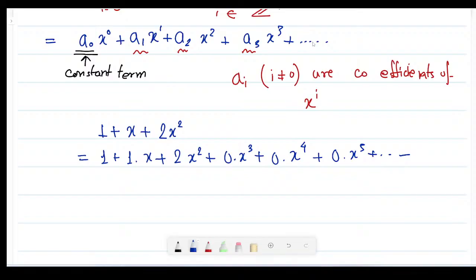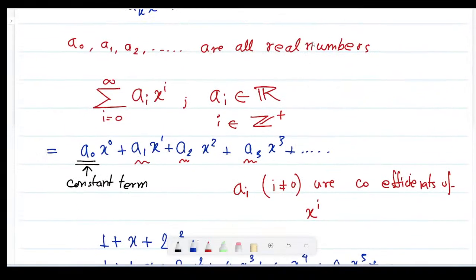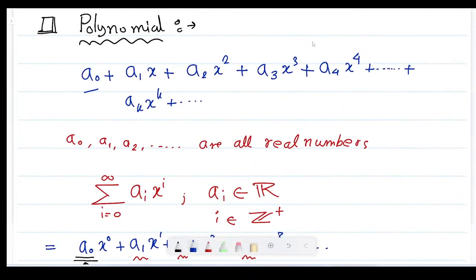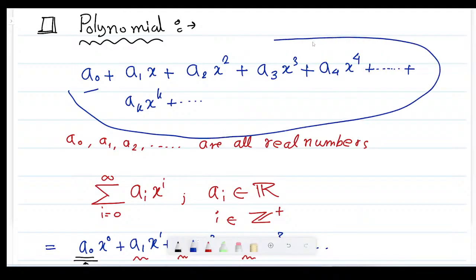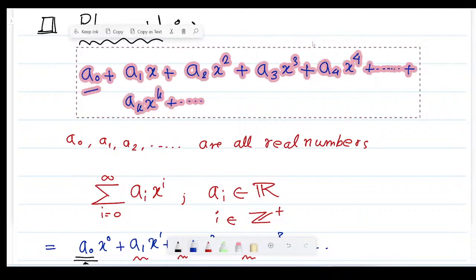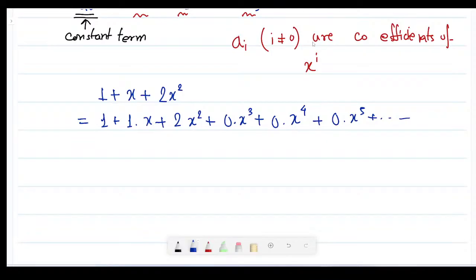So the remaining terms are all 0. So if I compare with this general expression, we get this is a0, this is a1, this is a2, and this is a3, a4, and so on. Okay.